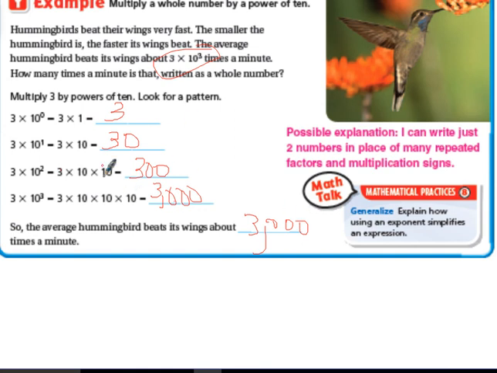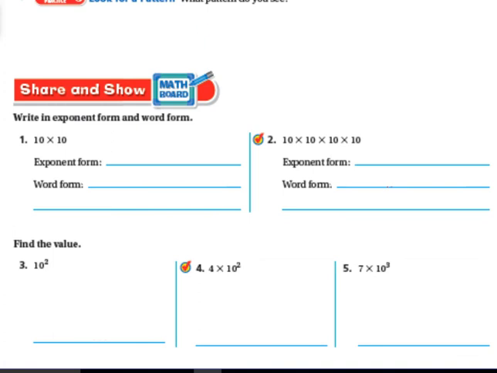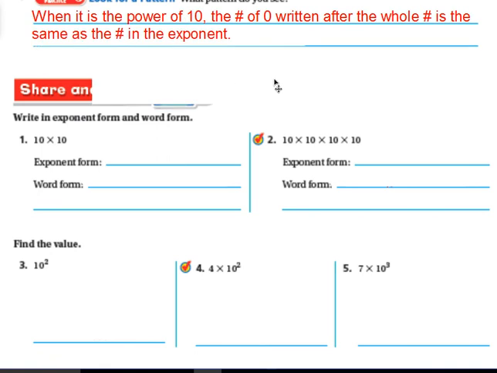So what pattern did I see? Well, I'd like you to write down the pattern that you saw. Stop the tape, write it down, and then see. When it's a power of 10, the number of zeros written after the whole number is the same as the number in the exponent.